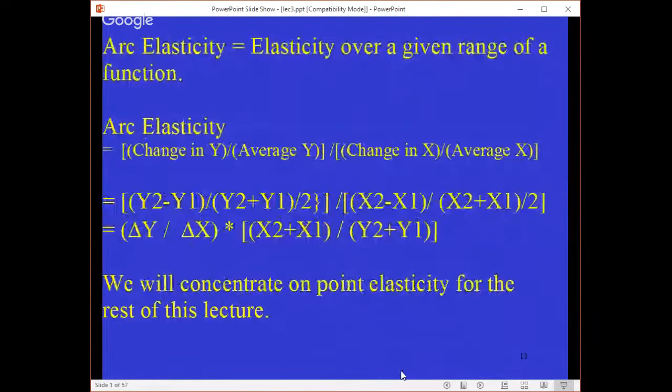Okay. I told you we're always going to work mathematically with point elasticity. There's another type, and that's arc elasticity. Suppose we have a demand here.